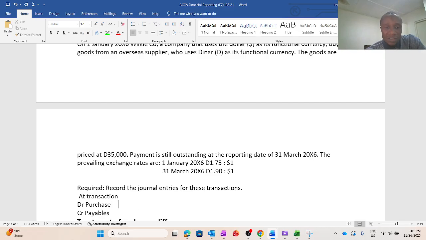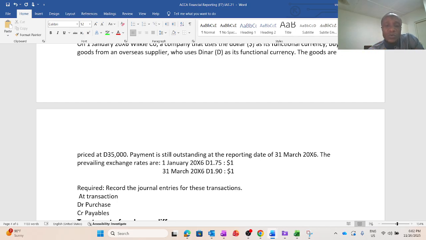So we can debit the purchase using the conversion rate. Now, the prevailing exchange rates are, on 1st January 20x6, 1.75 dirham to $1, and 1.9 dirham to $1.